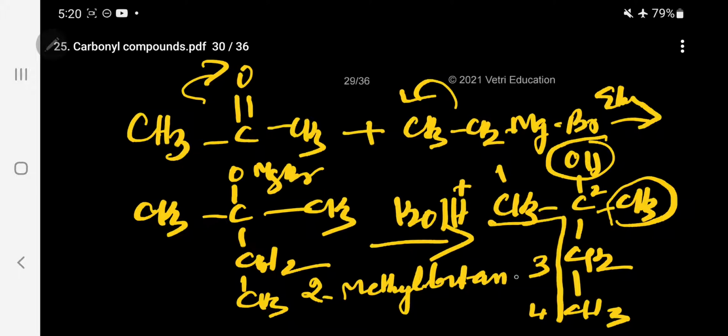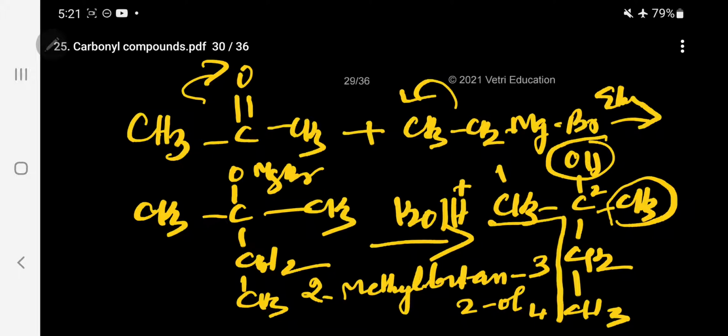Butane, hyphen, 2-ol. Why am I removing the e? Kindly follow. Alphabetically, ol begins with a vowel. Whenever a vowel comes, the terminal e should be removed from the ane, ene or yne. If there is a consonant, we can retain it. That is the rule.